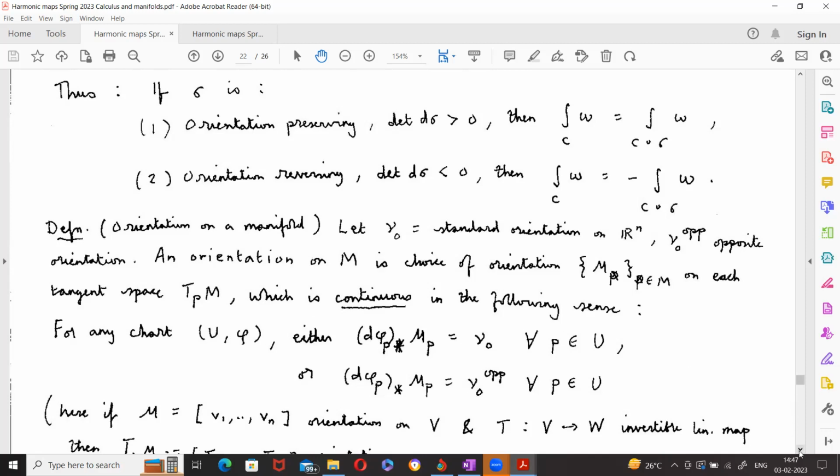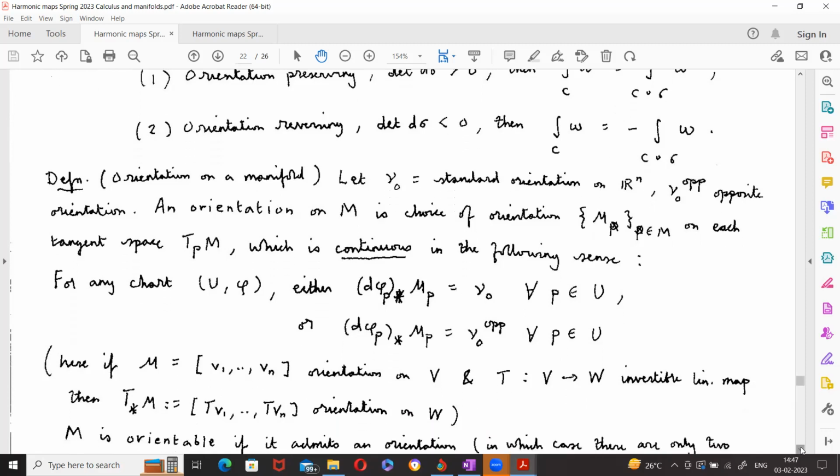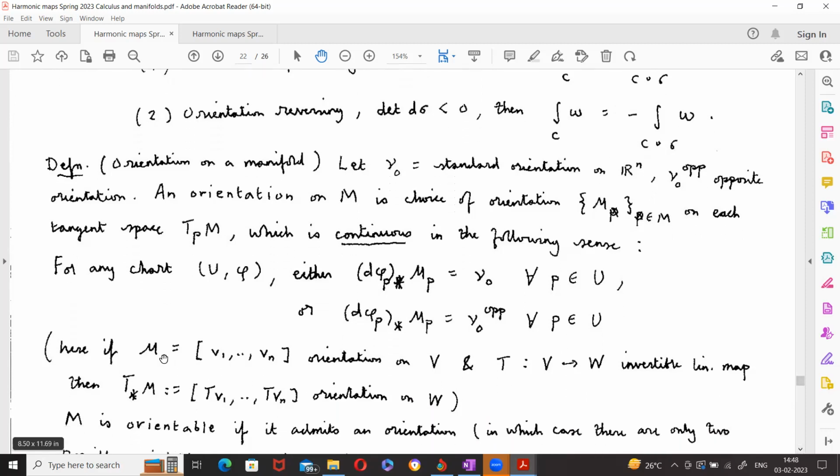So what is the push forward of an orientation? That means that if mu is the equivalence class of, say, an ordered basis v1 to vn, which is an orientation on V, and T from V to W is an invertible linear map between vector spaces V and W, then the push forward orientation T star mu is equal to the equivalence class of the ordered basis Tv1 to Tvn.